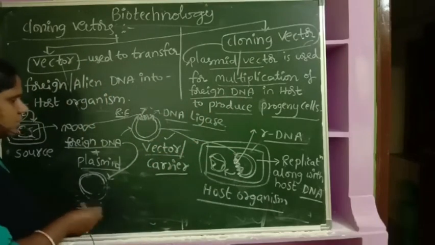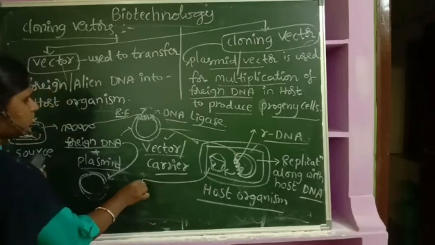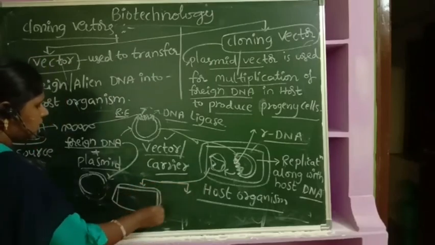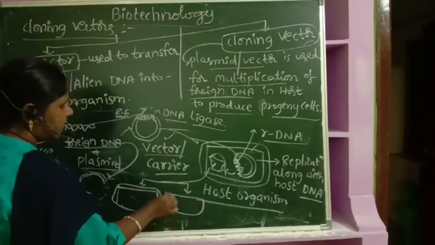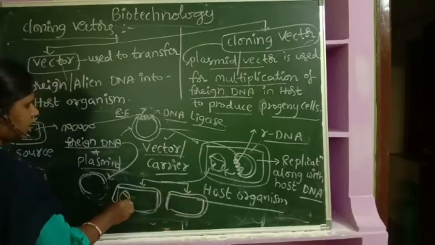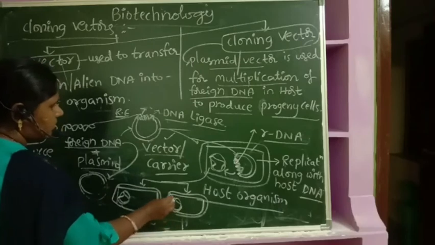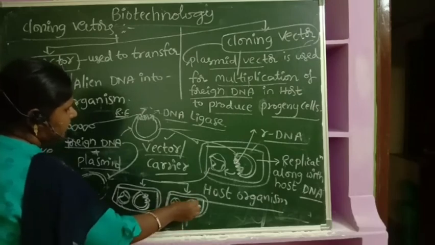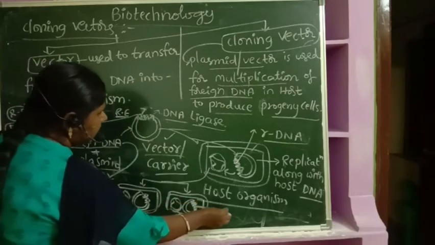Now as a result of this replication, what happens here? Progeny cells, meaning daughter cells, are produced, and each daughter cell also has the replicated copy of the plasmid. This is the original genome, but here the replicated copy of the plasmid will be like this. This is the plasmid with the recombinant DNA.